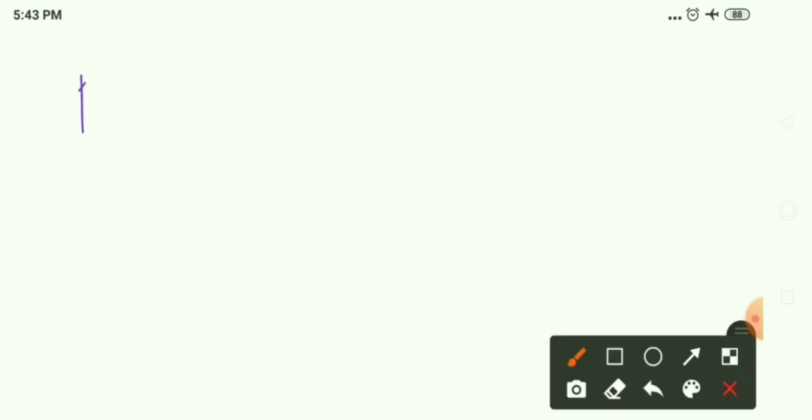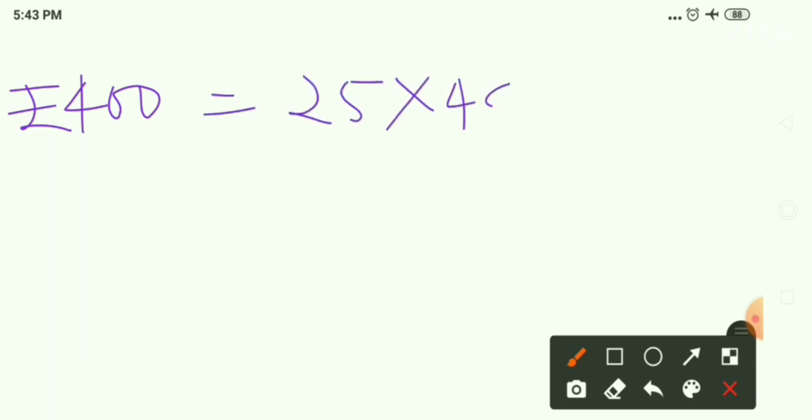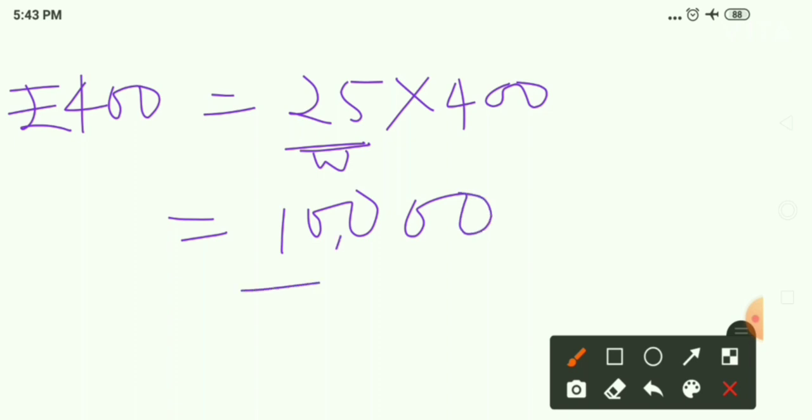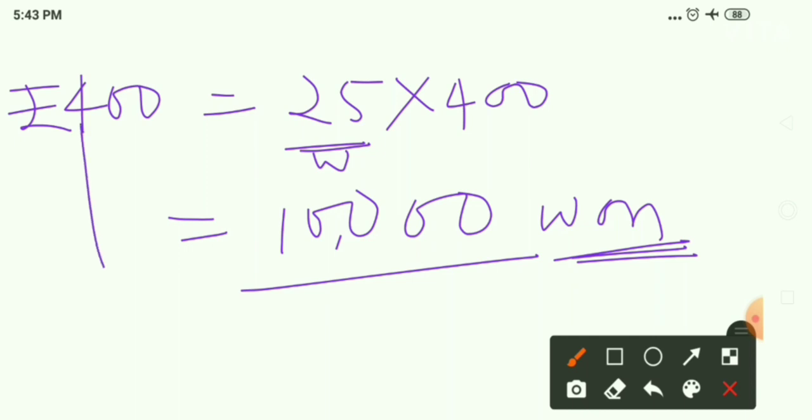So 400 rupees is equal to 25 multiplied by 400. This is won, remember it. Now 25 times 4 is 100, and 2 more zeros means 10,000. So we have converted 4 rupees and 400 rupees. So we can say that 400 rupees make 10,000 won.